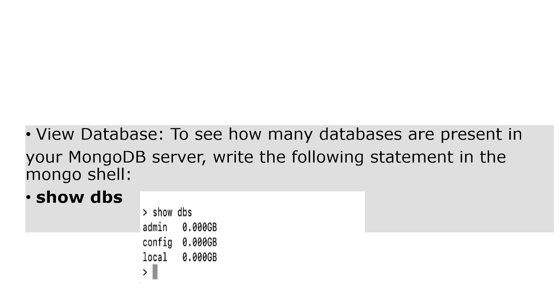This is the command to show the databases in a server, show databases. By default it shows the three internal databases, admin, config, local, along with the memory space allocated for each database.